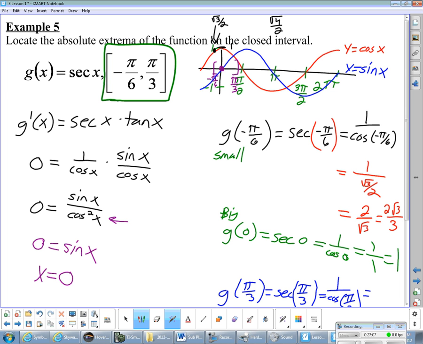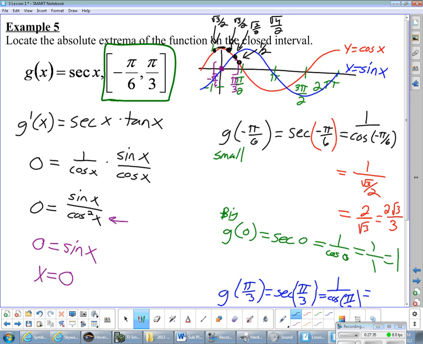Basically, this is what I'm trying to explain to you. Here, this spot is the square root of 3 over 2 for y. And this spot here is the square root of 2 over 2. And so this last one, which would be pi over 3, the cosine of pi over 3 is square root of 1 over 2, which is 1/2.